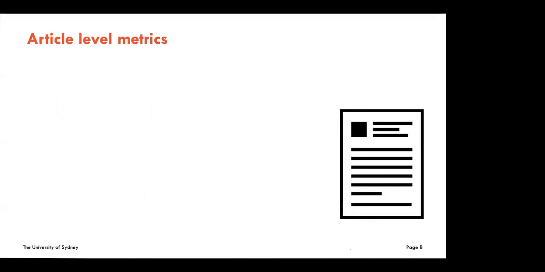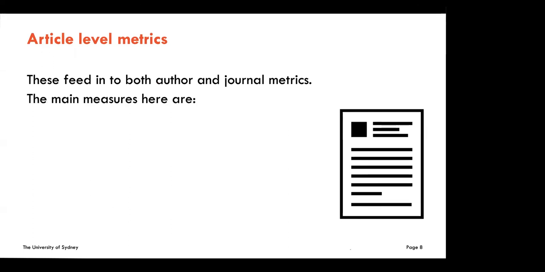Okay, article level metrics. These are quite closely related to author level metrics, and they feed both author and journal ones. The main ones here, again, are citation count. So it varies from platform to platform. Google Scholar doesn't have any sort of vetting or maintenance of the records, so you end up with a potentially much higher citation count for your article there.